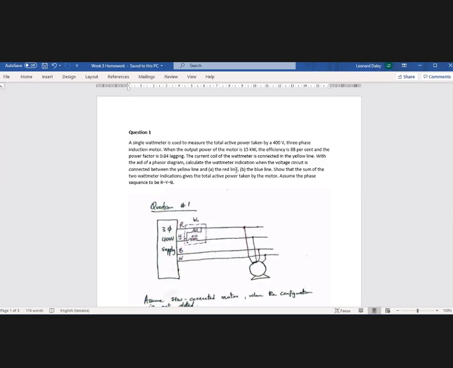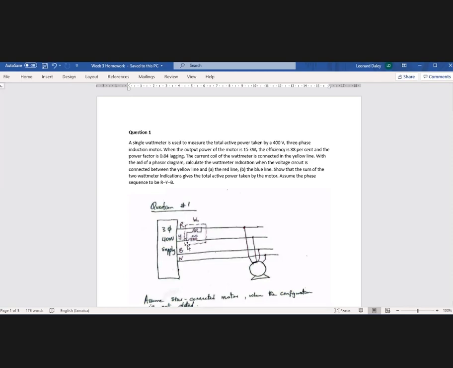I know it is VYR and not VRY, because they tell you where the current coil is. If the voltage coil is going to be connected between there, the positive end of the voltage coil is going to be where the current coil is connected also.